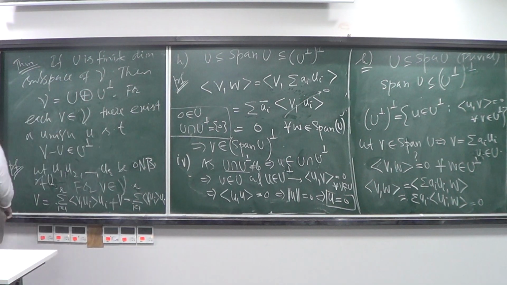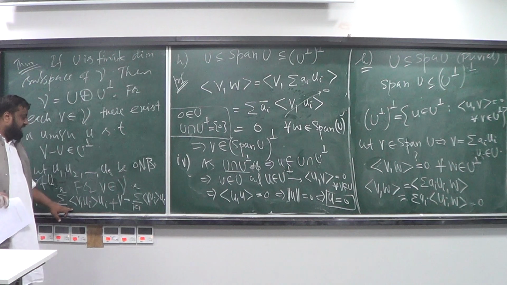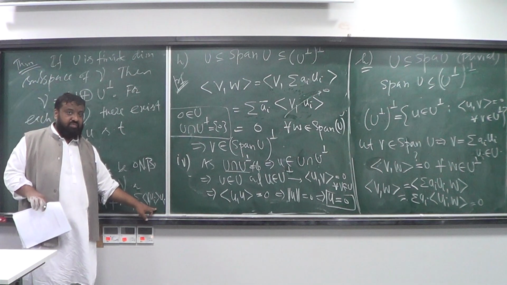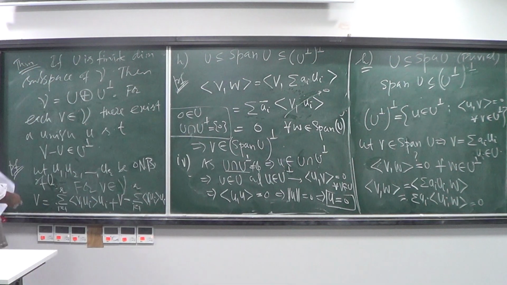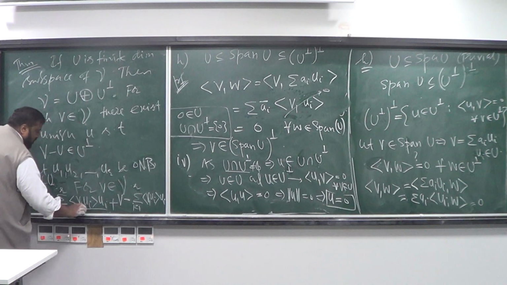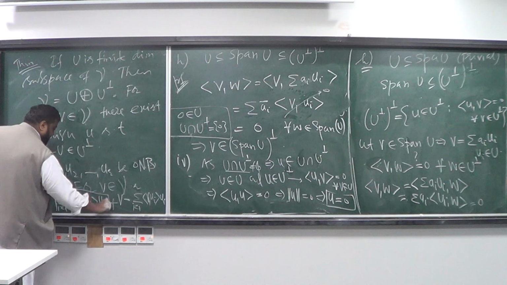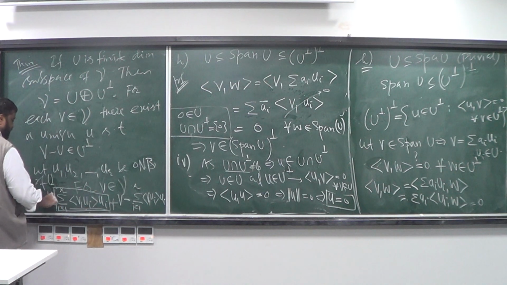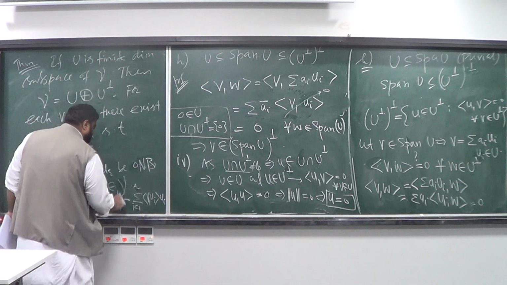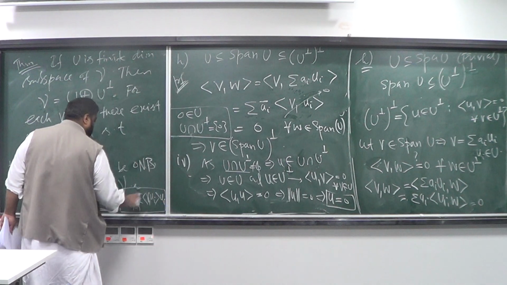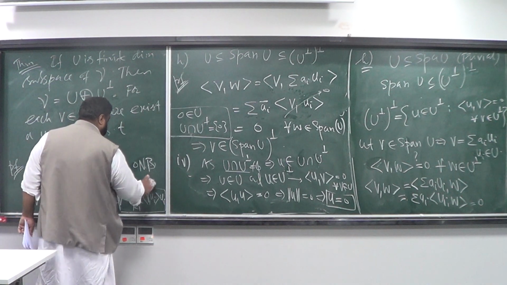Okay, so what I did, I took V and added this vector and subtracted this vector. Now this vector is like a vector U, and this vector is like a vector V.